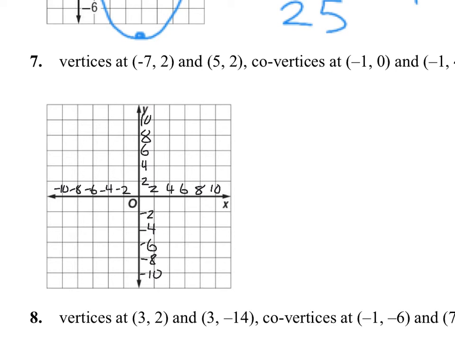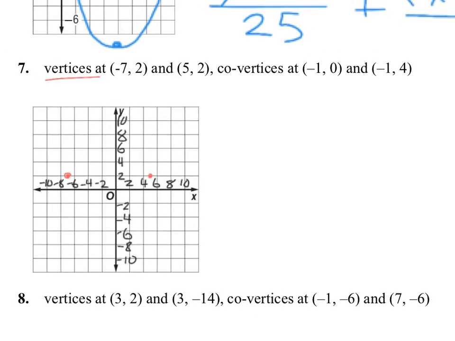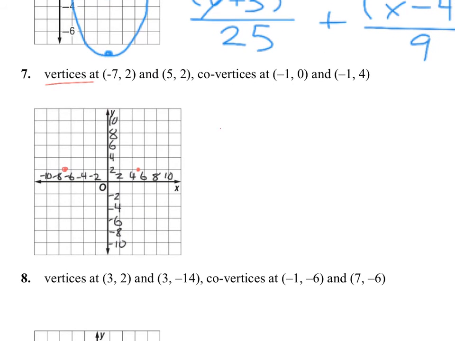Alright, so the vertices, -7, 2, and 5, 2. Because those are side by side and those are vertices, I know vertices are on the major axis. So this is going to be a horizontal ellipse. So I can already start to write it out using the horizontal formula.